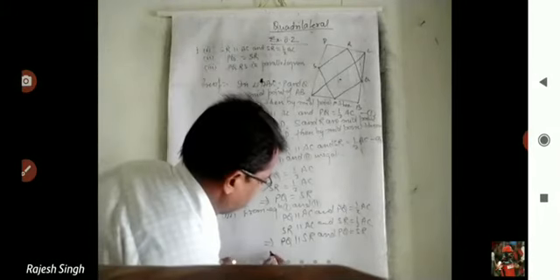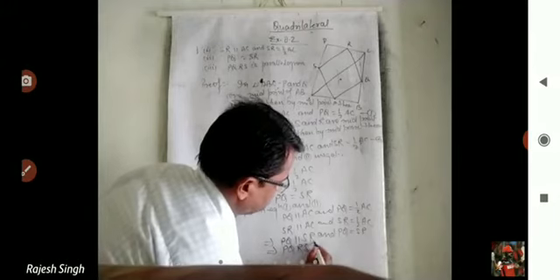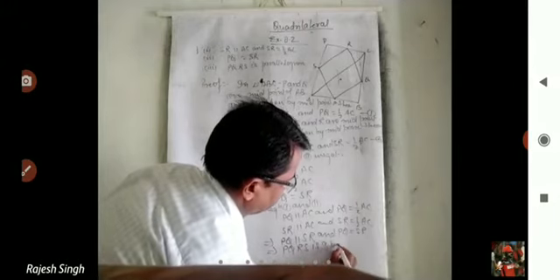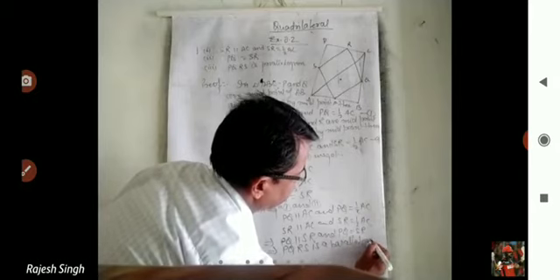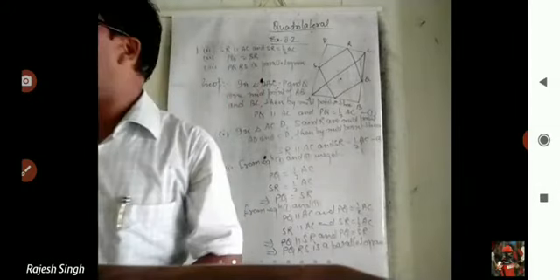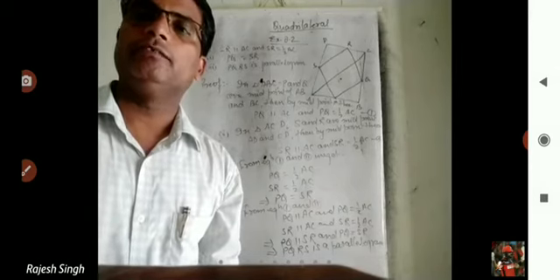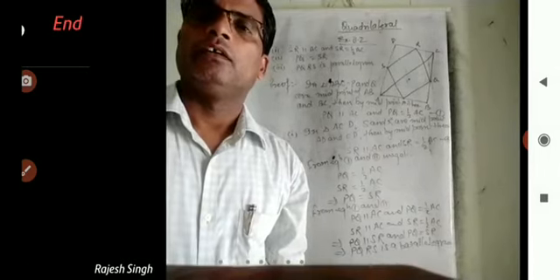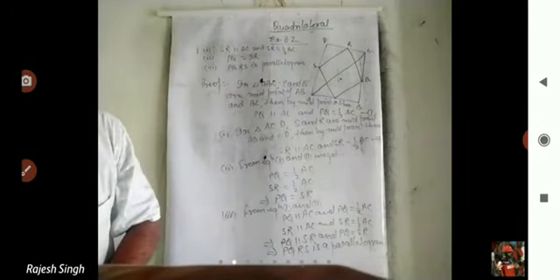This implies that PQRS is a parallelogram. In this way, we have proved the questions of this given exercise. Based on the midpoint theorem, we can prove it.